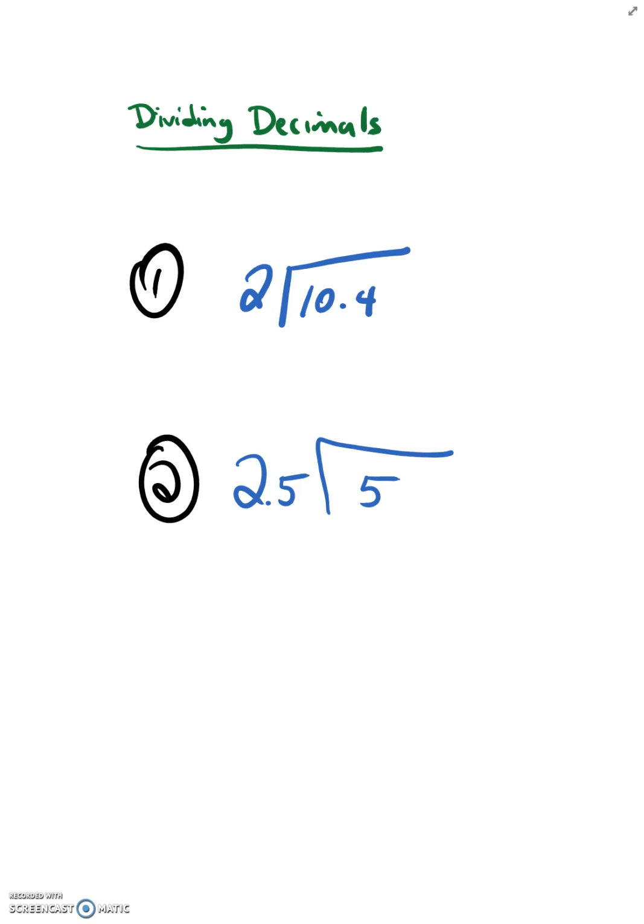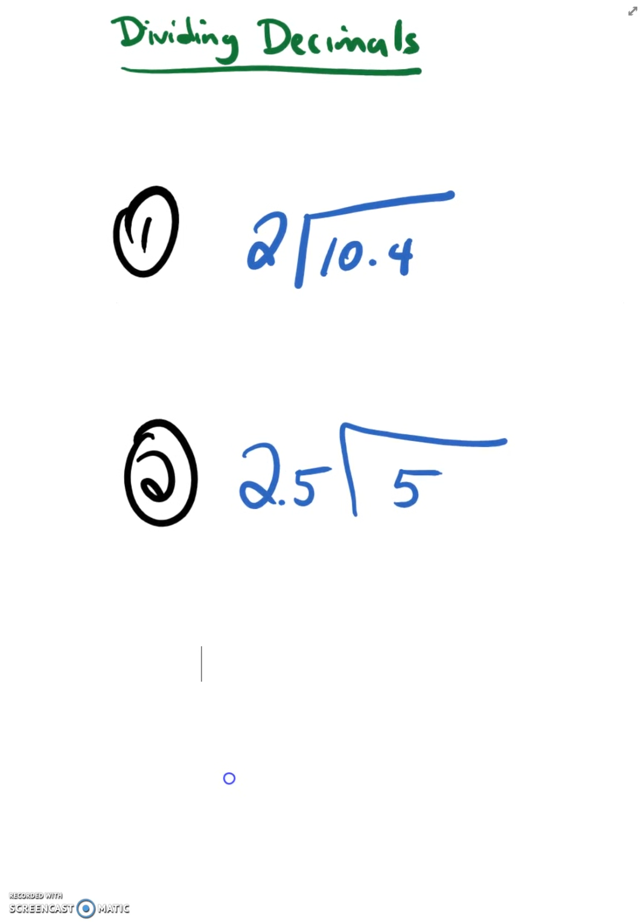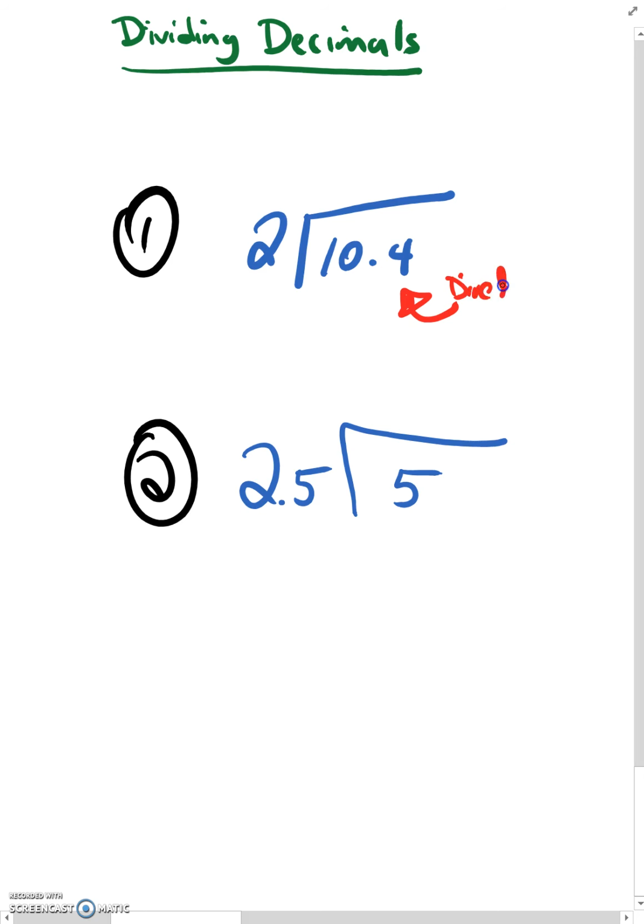Okay, let's go over dividing decimals. So, we're going to have two instances when dividing decimals. The first one is going to be when the decimal is inside the box, or when it's the dividend, or when the decimal is outside the box, or the divisor.